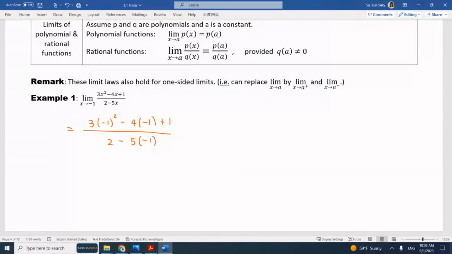Okay, so this limit law is saying that if you see rational function, plug in and see what happens. Okay? What's minus 1 squared? 1. So this is just 3, right? 3 times 1 is 3. And then, do you see the next number? Minus 4 times minus 1 becomes positive 4.